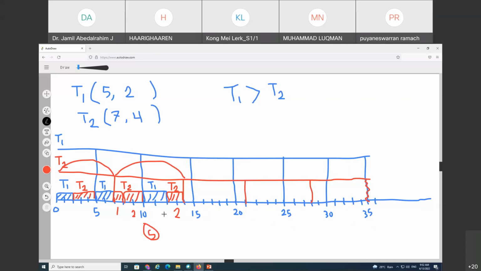Anyone? It's correct. All our drawing until now is correct. But why? Even though we need to execute 4 units for each period, here we execute 5. Why?